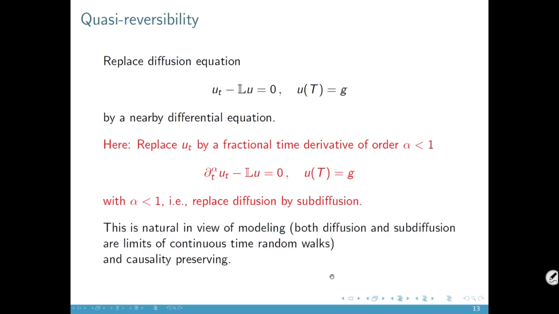Diffusion and subdiffusion, not only because of the name, are closely related from the modeling point of view, so both of them can be seen as limits of continuous time random walks. But the nice thing here, and that was the motivation, is that it's a method in the context of quasi-reversibility that is causality preserving.